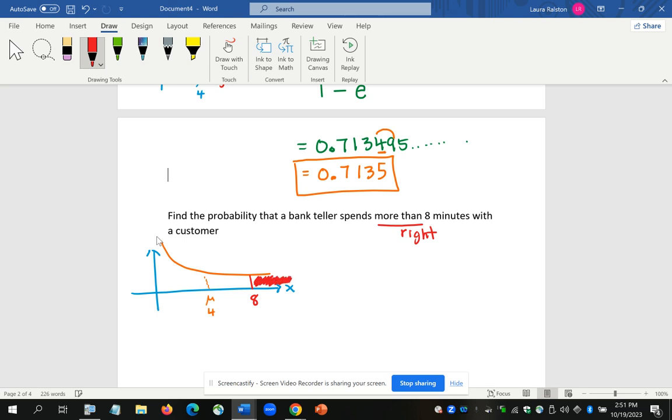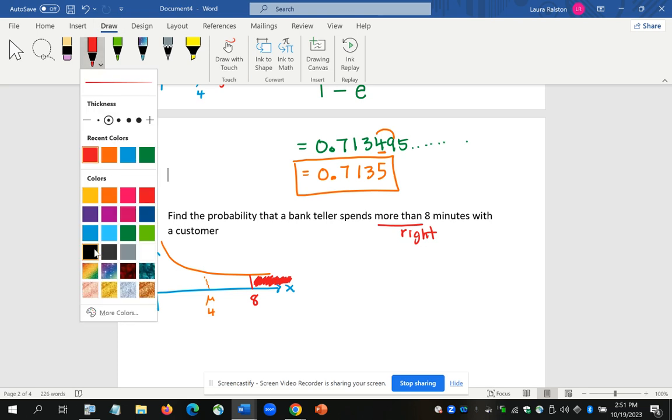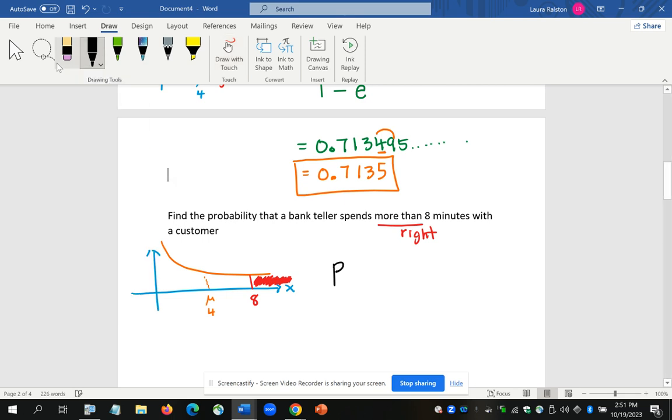And more than is always going to be to the right. Again, you have to recognize that it's to the right because that's going to help you identify the formula. When it's to the right, you're trying to figure the probability that x is greater than 8. So this 8 is your x value, and the formula is e to the negative mx. Remember, m is your decay parameter.